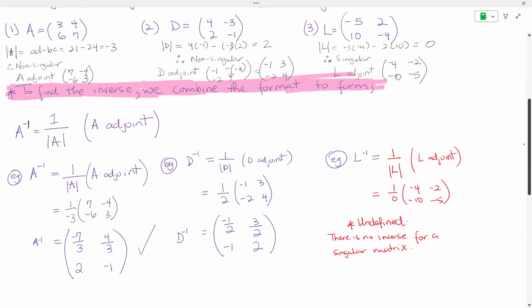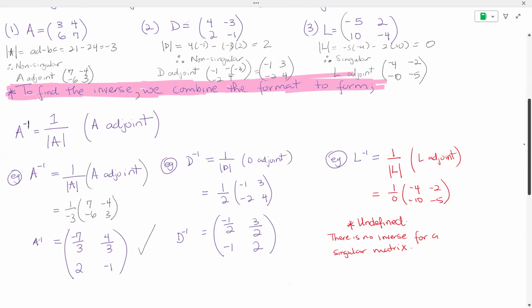No, miss. So let's do D inverse. The determinant of D is 2. So 1 over 2.